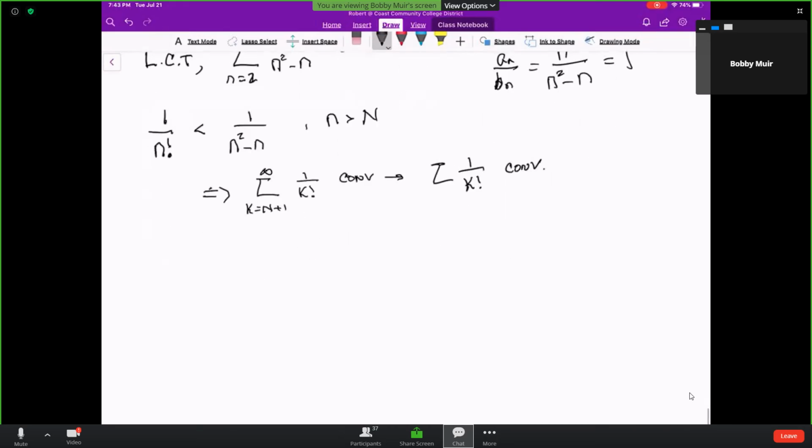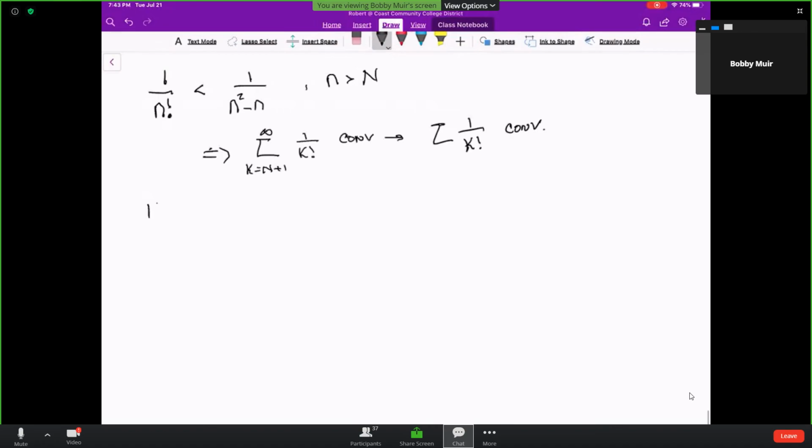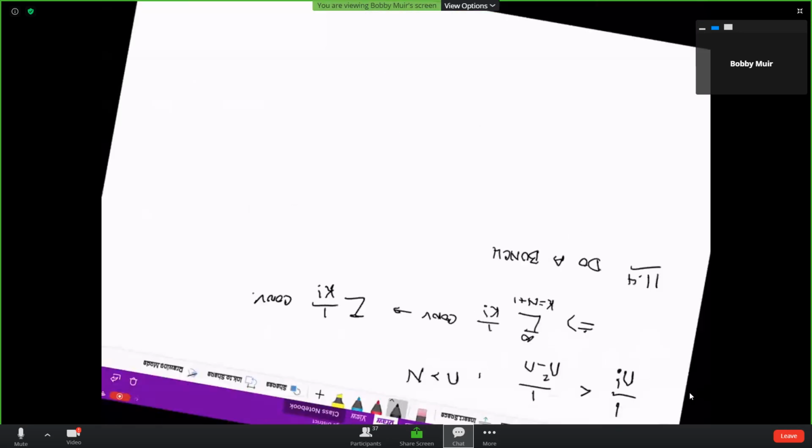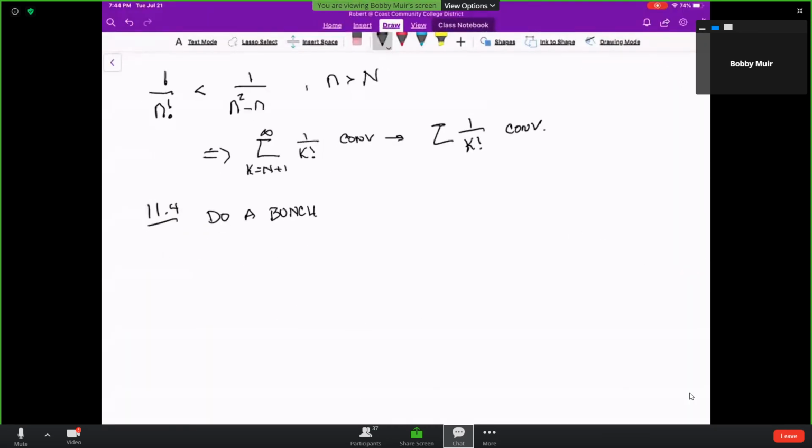Well, in section 11.4, do a bunch. Now I'm kind of figuring things out here, like how I think this is going, and how can I make it better?